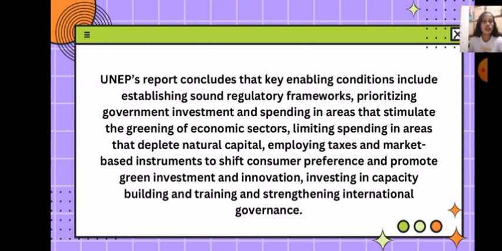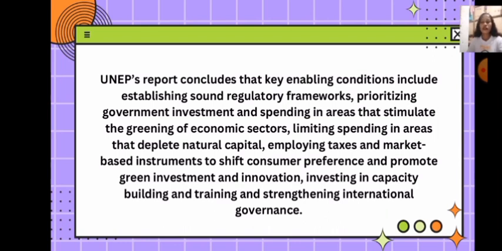So next, UNEP's report concludes that key enabling conditions include establishing sound regulatory frameworks, prioritizing government investment and spending in areas that stimulate the greening of economic sectors, limiting spending in areas that deplete natural capital, employing taxes and market-based instruments to shift consumer preference and promote green investments and innovation, investing in capacity building and training, and strengthening international governance.